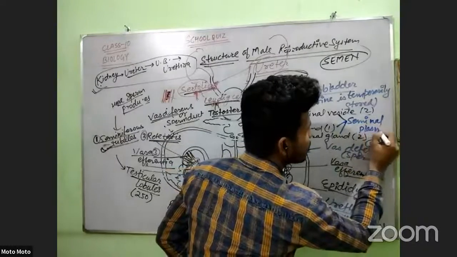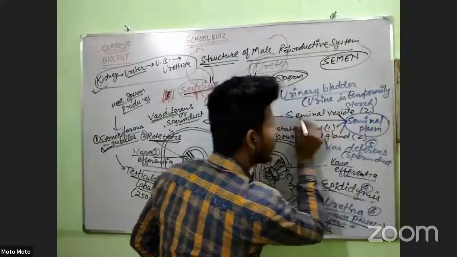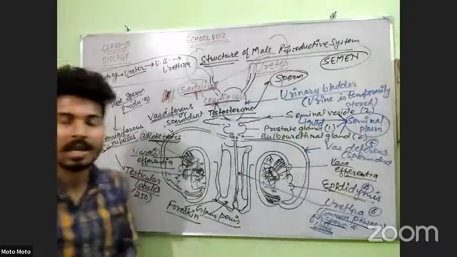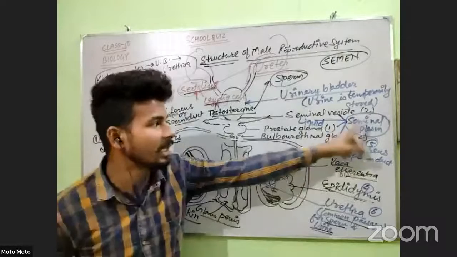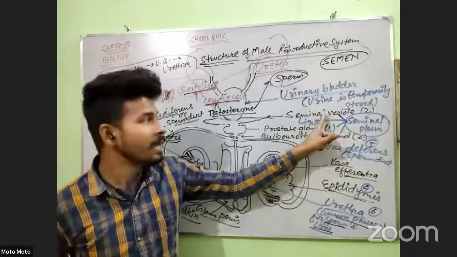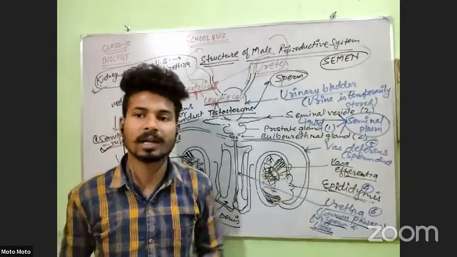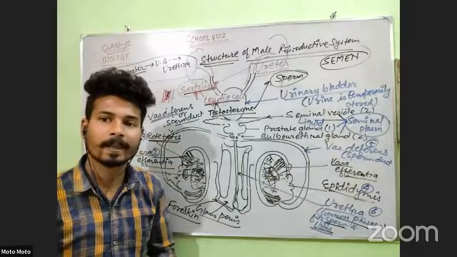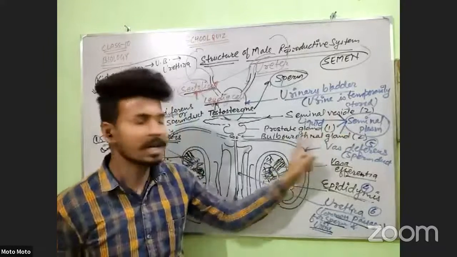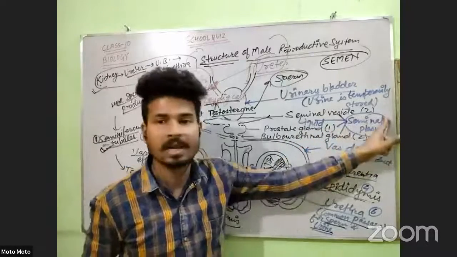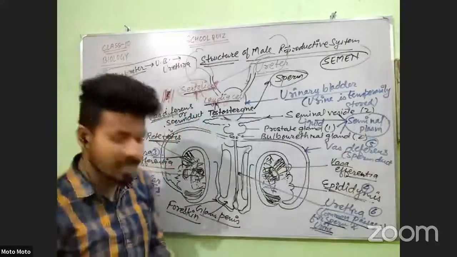This is the liquid that I have talked about, and it is secreted from the combined action of the seminal vesicle, prostate gland, and bulbourethral gland. Are you clear? Yes, sir. And what is basically seminal plasma?